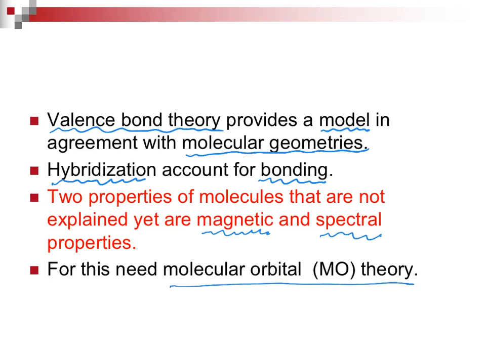And for this, we need what is called a third theory called molecular orbital theory. I'm finding it a lot easier than I did in the past. I'm hoping that my explanation in the next section will make it clear to you. But realize these are 3 distinct things. Valence bond is one, hybridization is the second, and MO is the most sophisticated.